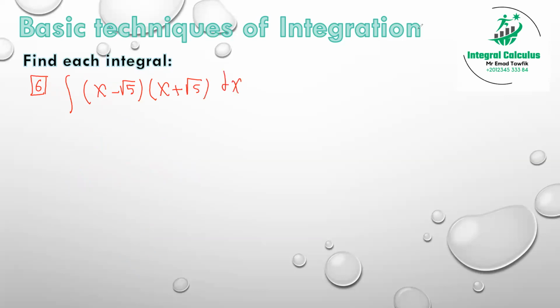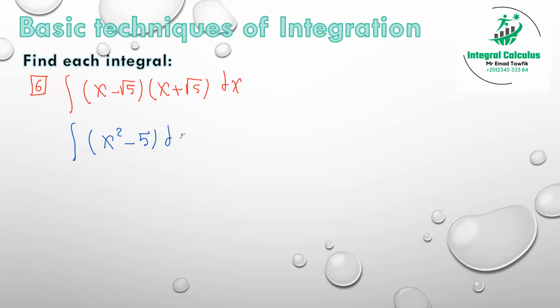To integrate a problem like this, you have to put your product in its simplest form. When I multiply them, the first part itself is x squared. As I multiply conjugate expressions, it's enough to multiply the first by first and second by second. Negative root 5 multiplied by positive root 5 is negative 5.